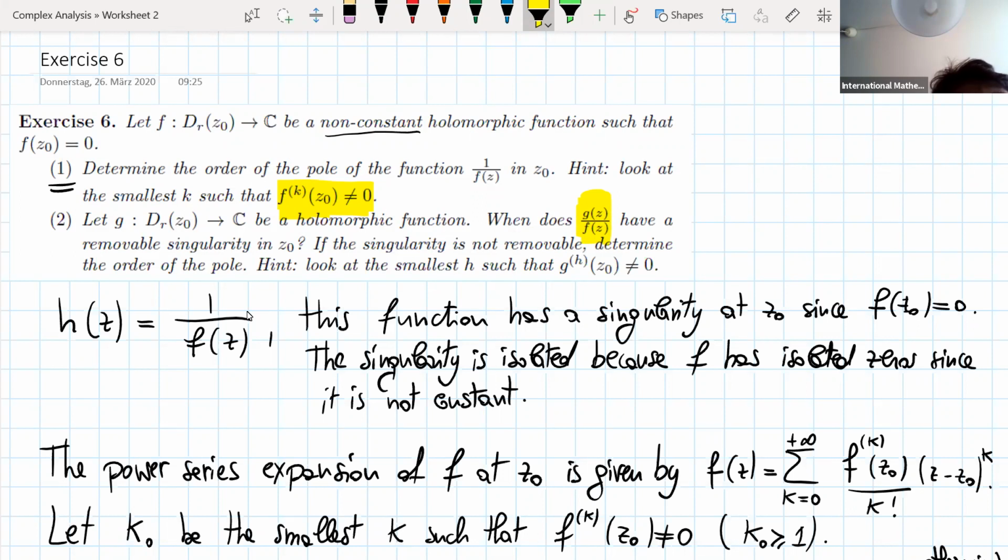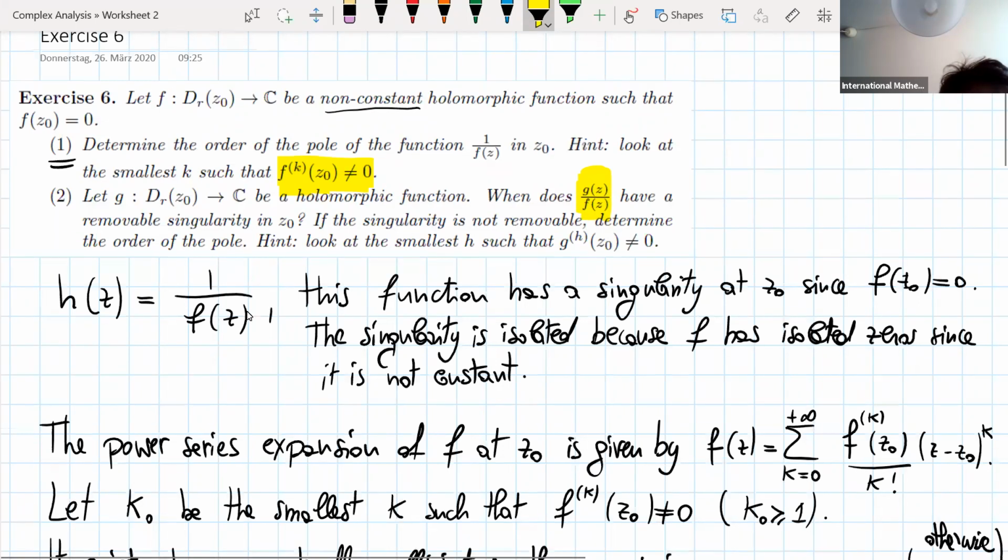And then we want to understand when the singularity is removable and when it's not removable, and how we can determine the order of the pole. And again, the hint is to look at the derivatives of g at the point z0. So let's do this then.